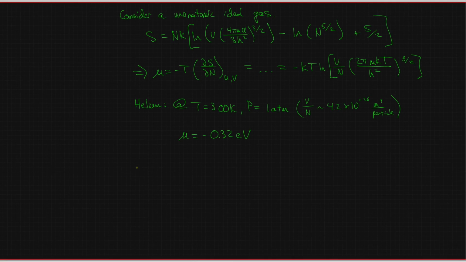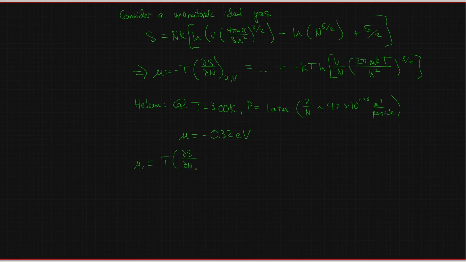And another thing to note is that at least here we've only been talking about a single type of particle at a time. But if we do have multiple species of particles, like if you've got helium, argon, neon, xenon, down the list, each of these species would have their very own chemical potential, which is just written in the usual way.